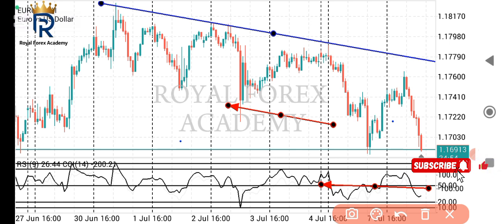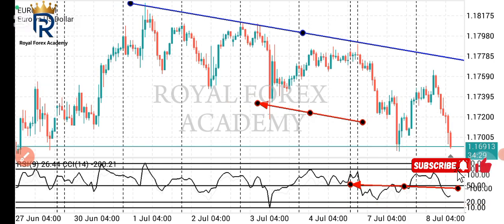Here price gave us a movement to the upside. It gave us a higher low and created a new higher high. So now we have a break of structure here, which is this movement to the downside. So automatically this trend has been compromised. So we are no longer in an uptrend, but in a downtrend.